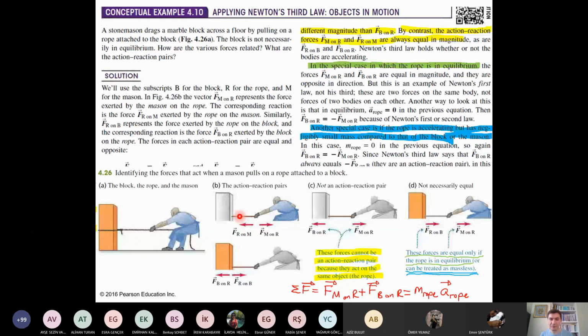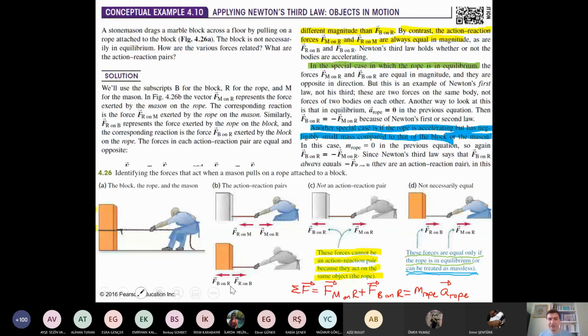Okay, F rope on stonemason. This is an action-reaction pair. And here the rope applies a force on this block, and this block applies a back force on the rope.